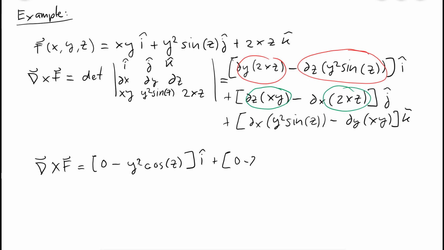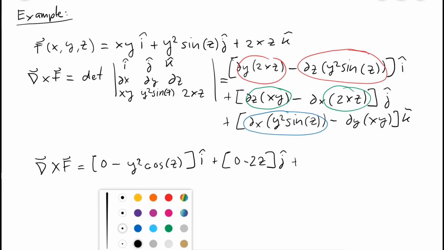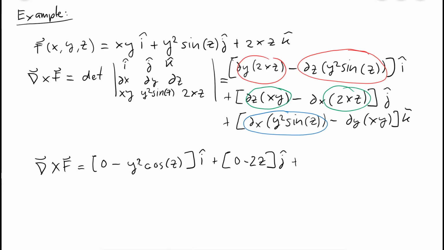So this would be 2z in the j direction. Then for the k component, you take the derivative with respect to x of this function, which is pretty much 0, and then you subtract the partial derivative with respect to y of this term, and that turns out to be x in the k direction.